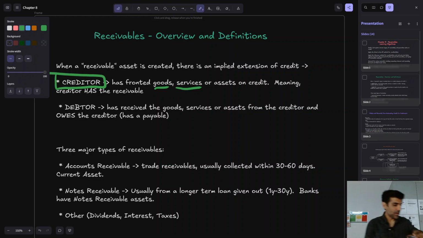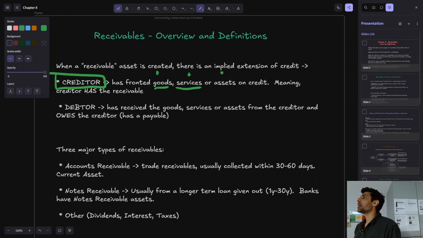So in all these cases, the creditor is giving the customer something: either goods, services, or some asset. The debtor has received these things, and just like you would have an account receivable created, the person borrowing has an account payable, or note payable.